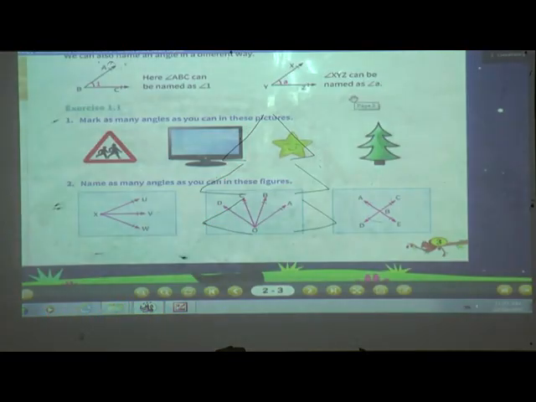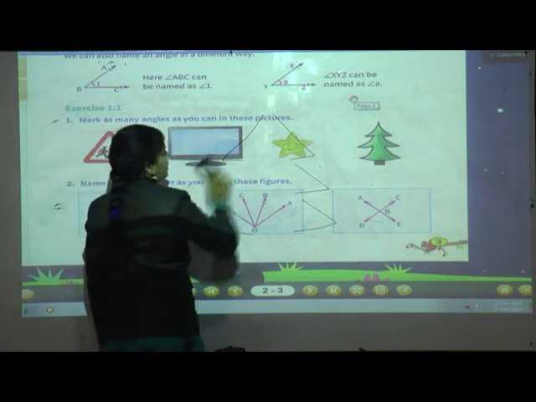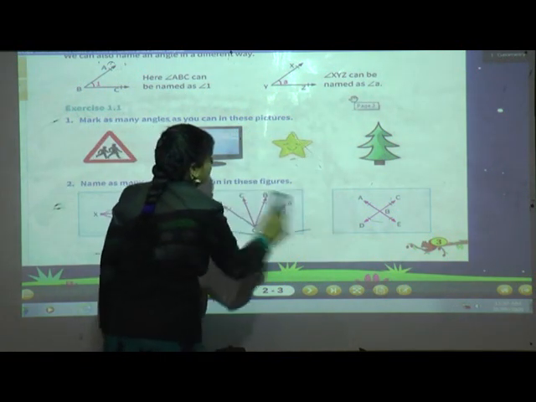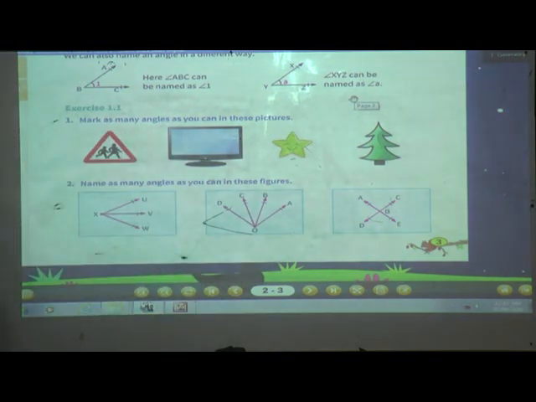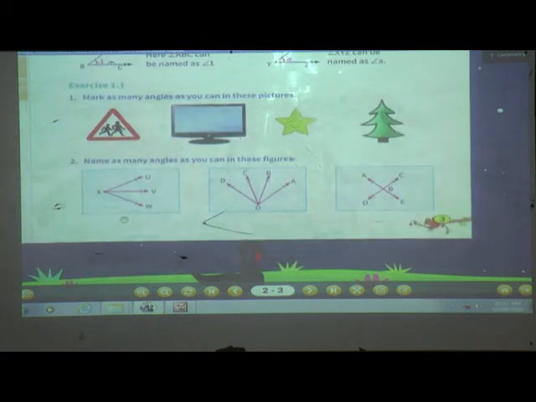Then we are going to start our second question. Name as many angles as you can in these figures. Here are some figures. You have to name them as angles.